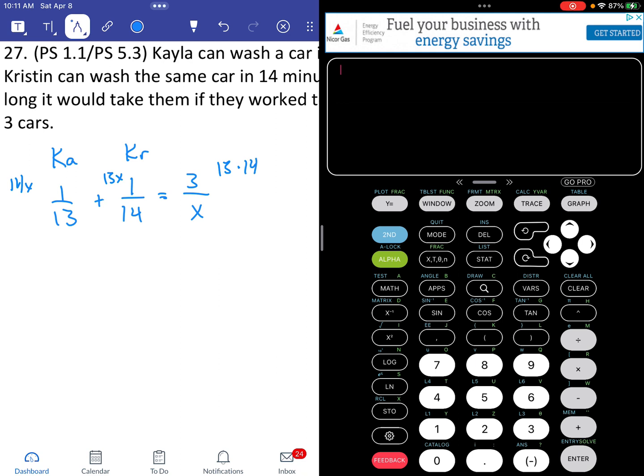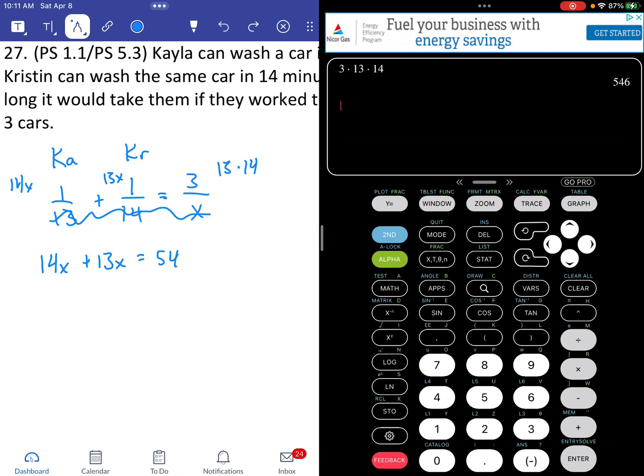Okay, now that we've got all the numerators and the denominators to be common, we can get rid of the denominator. So we'll have 14x plus 13x equals 3 times 13 times 14, which gives us 546.